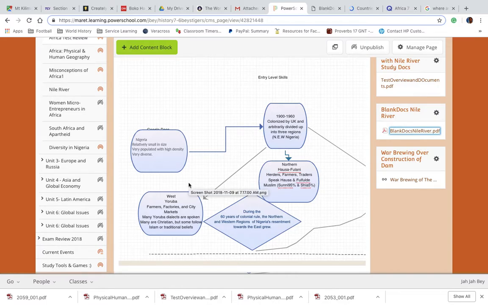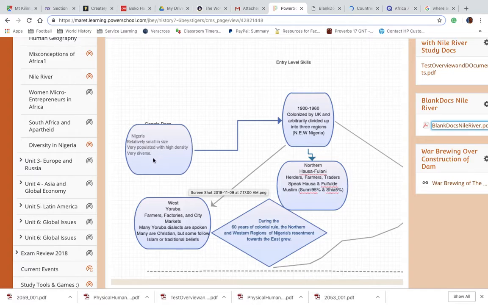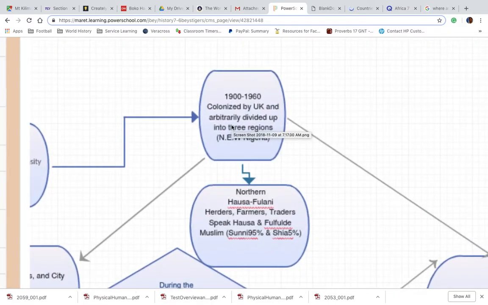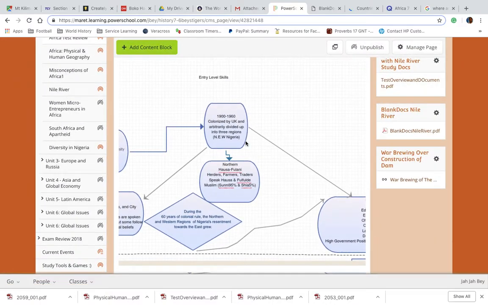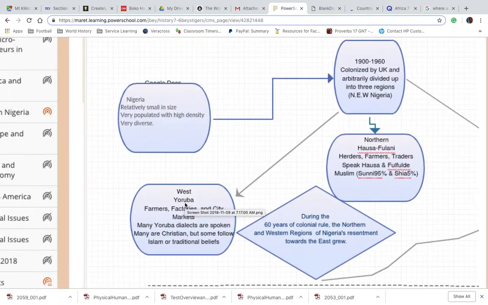All right, here's what you need to understand. One, Nigeria starts off relatively small in size, very populated, very diverse. Early 1900s, it is colonized by the UK, arbitrarily divided up into three regions to create a new Nigeria, right? North, east, and west. Now, here are the characteristics of the west.